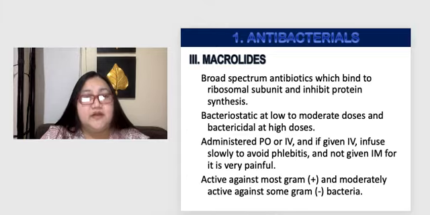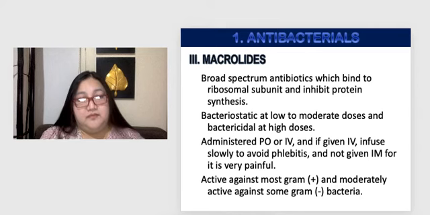Spectrum is similar to penicillin, which means they may act as substitutes for those with penicillin allergies. Pero nabanggit ko na nga kanina, macrolides ang pinaka-common at sa macrolide, erythromycin. Pero yung next 4 antibacterials from macrolide can also replace penicillin.